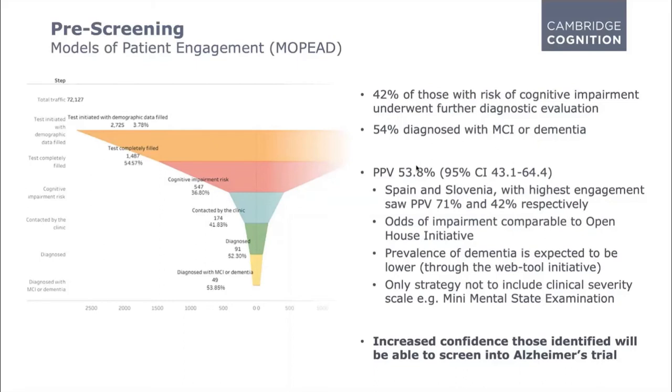And what's really interesting is that the odds of impairment compared to the hope analysis were actually comparable. And so that's important because with a web-based tool, we're seeing what we expect to be a much lower prevalence of dementia because we're targeting a much broader sample of individuals, and also that may well be of a healthier age range and disposition.